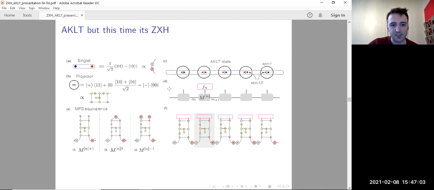In D and E, specifically in D at first, we have what I might call the literature representation of matrix product states. If you go into the condensed matter literature, you will find things that look like this. They are connections of tensors with some sort of outgoing wire that is called the site.